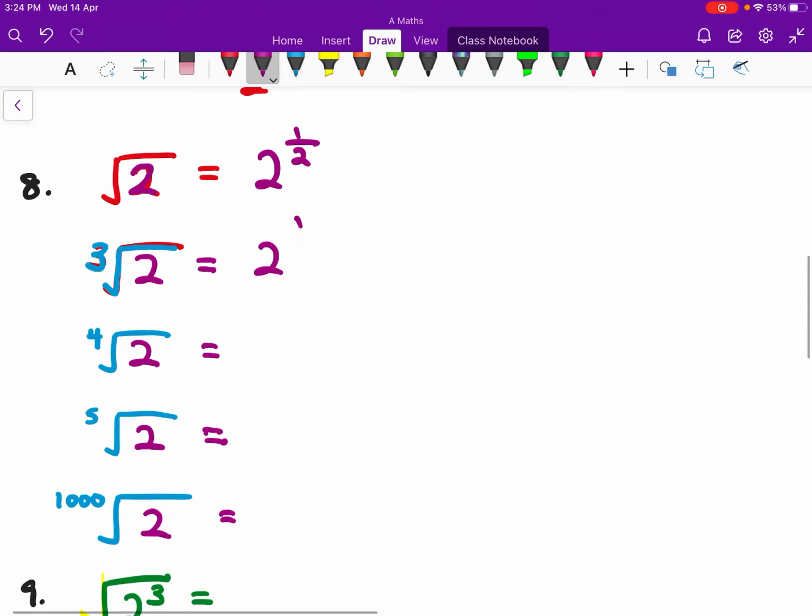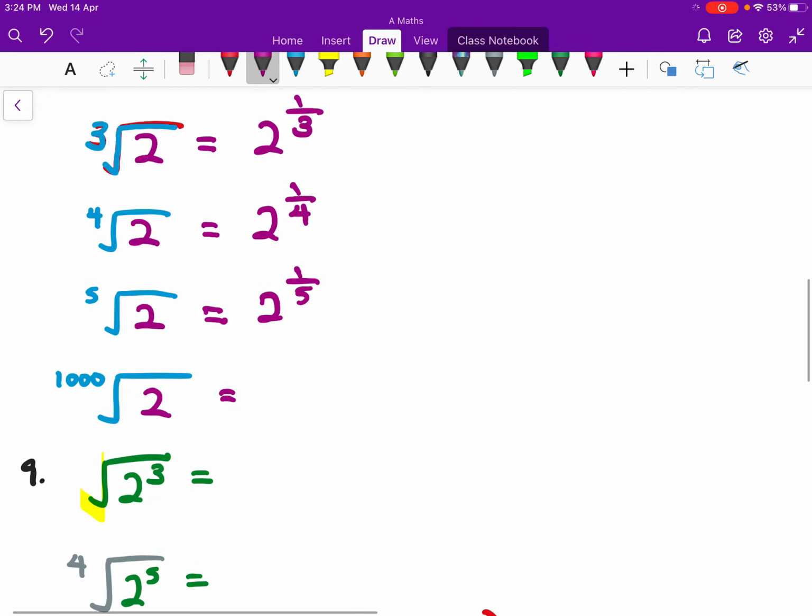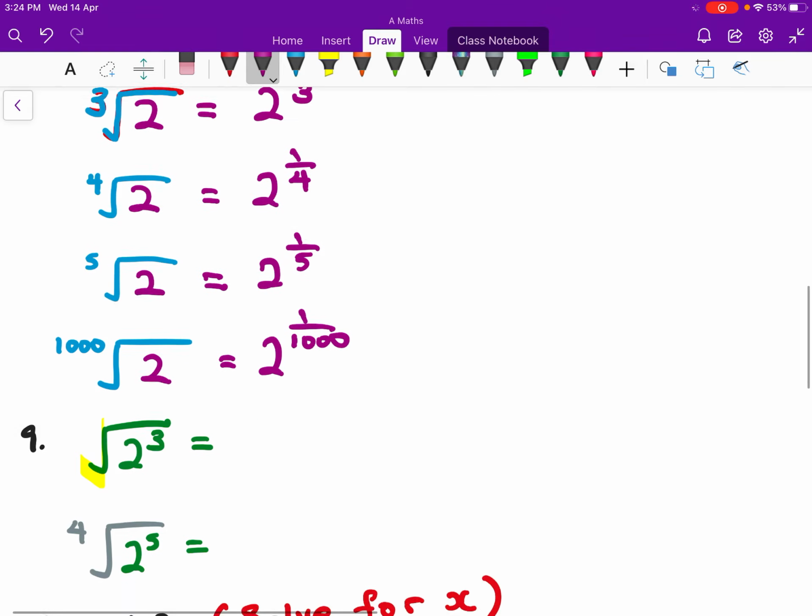Cube root is just 2 to the power of 1 over 3. Okay, fourth root will be just 2 to the power of 1 over 4. Fifth root will be just 2 to the power of 1 over 5. Okay, then of course, 1000th root is 2 to the power of 1 over 1000. Right, so this is law number 8.